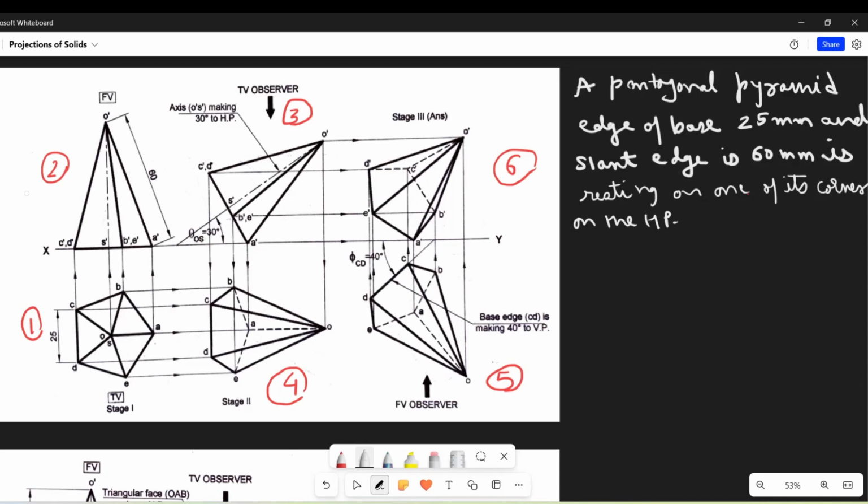Now, just saying it is resting on one of its corners is not sufficient here, because we can have different initial positions of the pentagon like this.